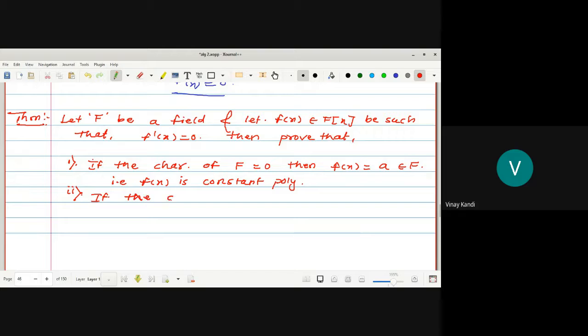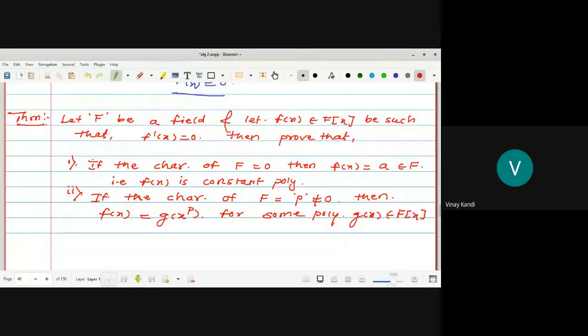If the characteristic of capital F is equal to p, which is prime, not equal to 0, then the nature of f of x will be g of x raised to p, for some polynomial g of x belonging to capital F of x.